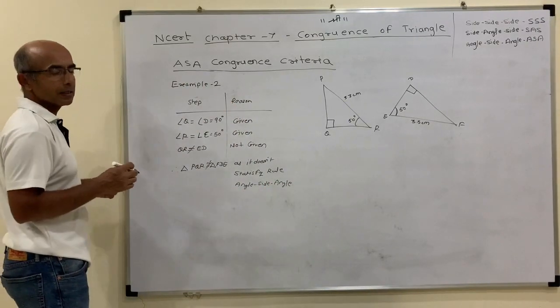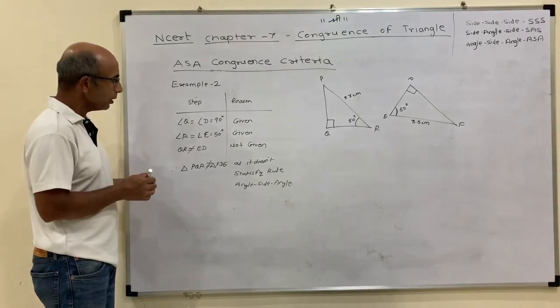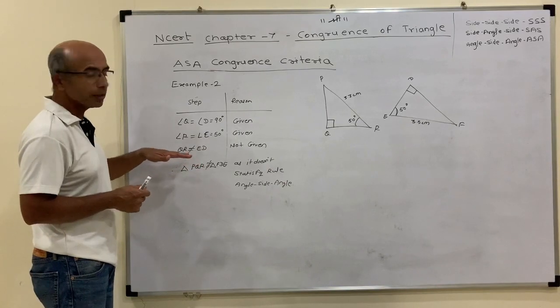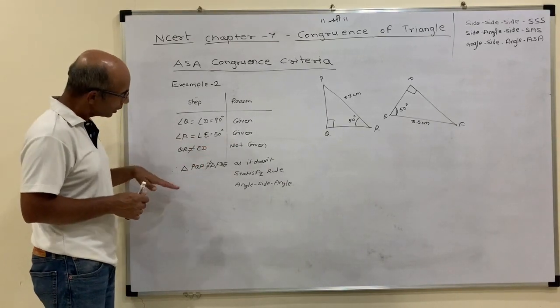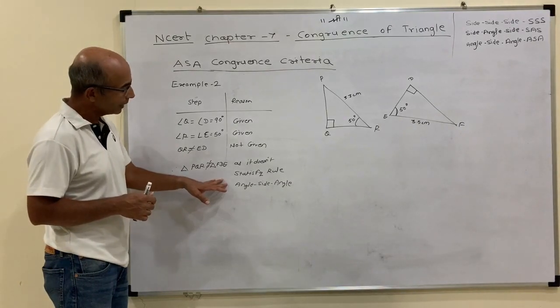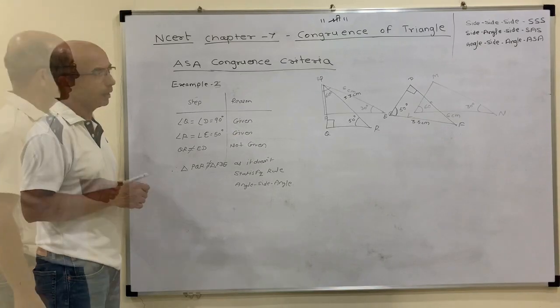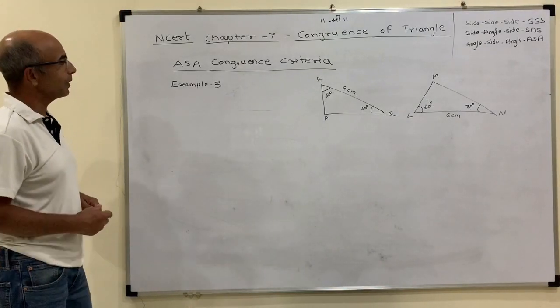Though two angles are the same, the side between them is not equal. So we say that the two triangles are not congruent to each other as it doesn't satisfy the rule of angle-side-angle. Now let's look at example number 3.